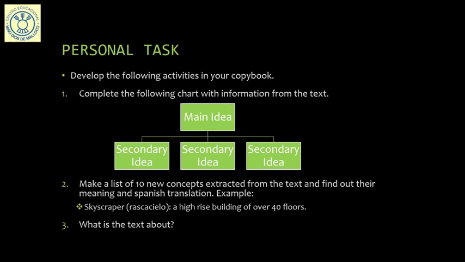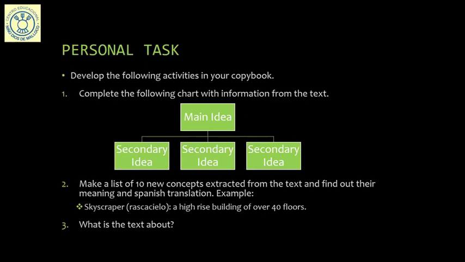Then you will find 3 secondary ideas. The secondary ideas are really related to the main idea, and those are found in the first sentence of a paragraph. So you will find the main idea, the most important idea of the text, and then 3 secondary ideas, and you will make a chart like the example.